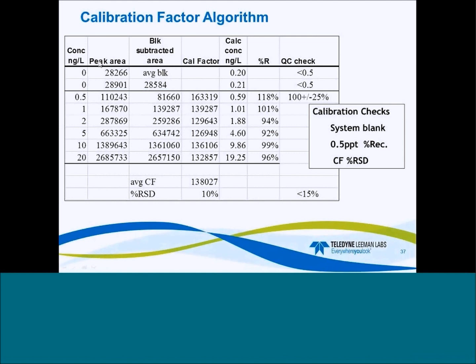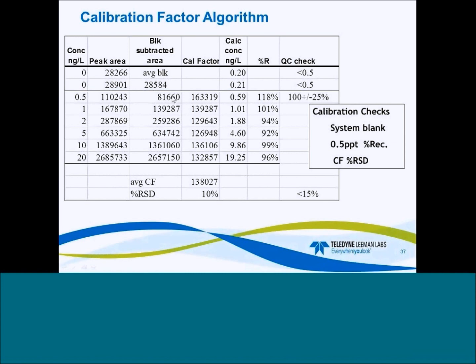This one for 1631 is calibrating from 0.5 to 20 parts per trillion, and basically these are the peak area intensities that have been returned for the standards. This approach requires that you take the average blank intensity and subtract it from each of the non-zero standards to give you a blank-subtracted intensity.